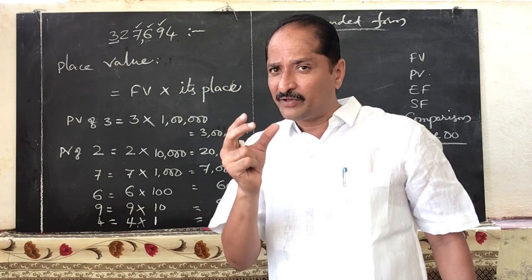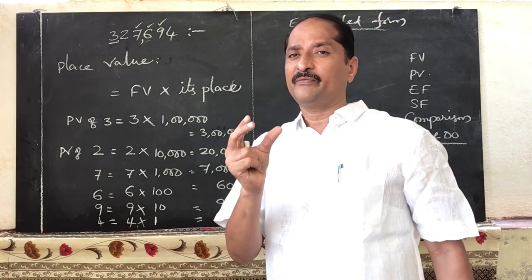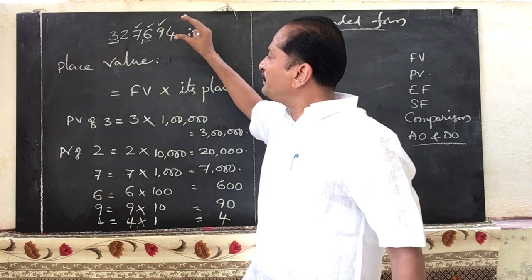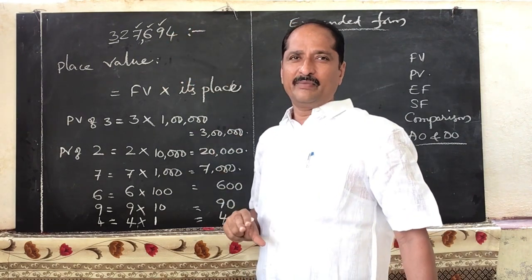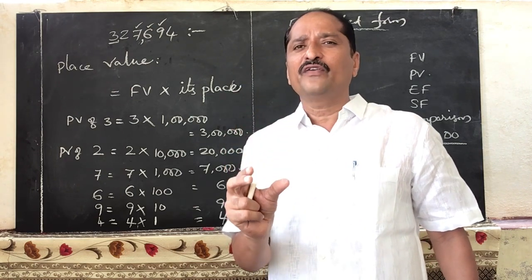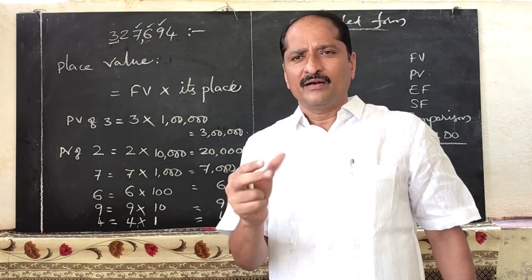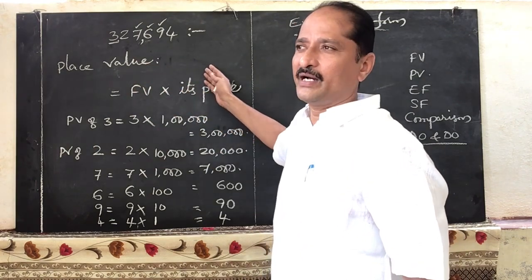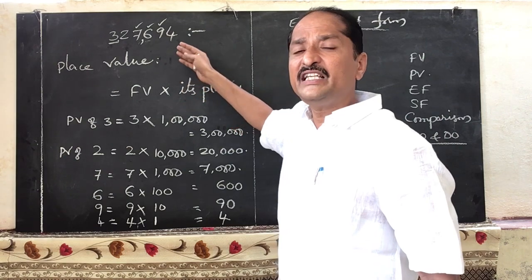What is the expanded form definition? Check carefully, everybody. The expanded form of this number is nothing but the sum of the place values of the digits of the given number, the place values of each and every digit.